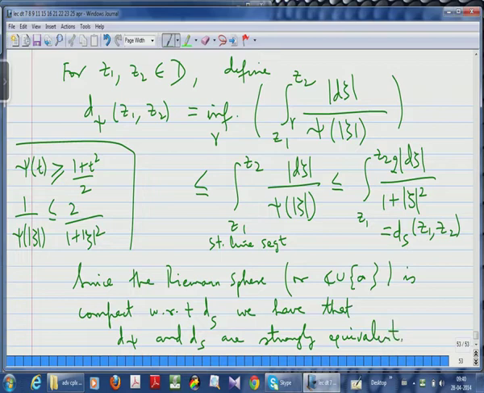So at this point let me very quickly tell you about this strong equivalence. See, if you have two metrics on a space, we generally say that these two metrics are equivalent if they induce the same topology, okay. This is called weak equivalence, okay. Now what is strong equivalence? A strong equivalence is a condition that each metric is bounded by the other metric up to an absolute constant.